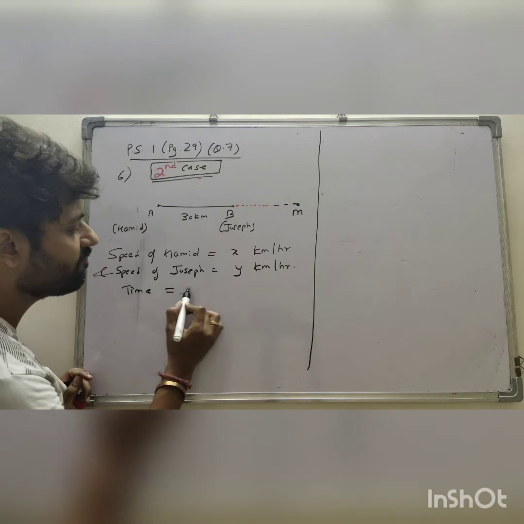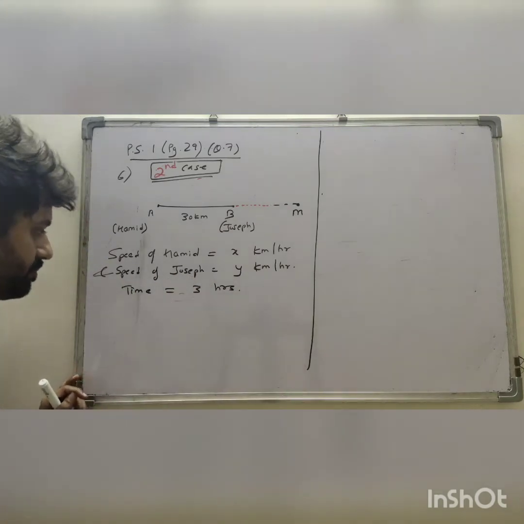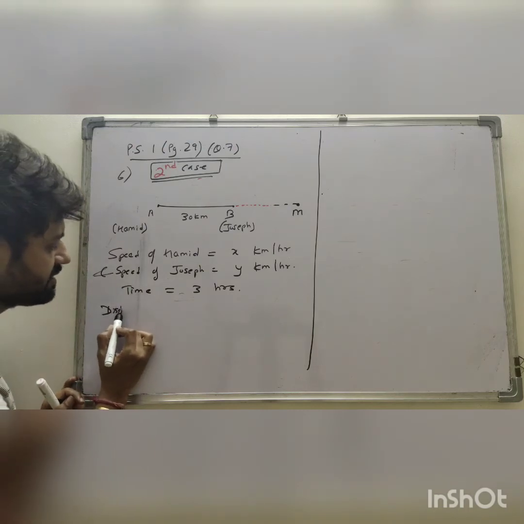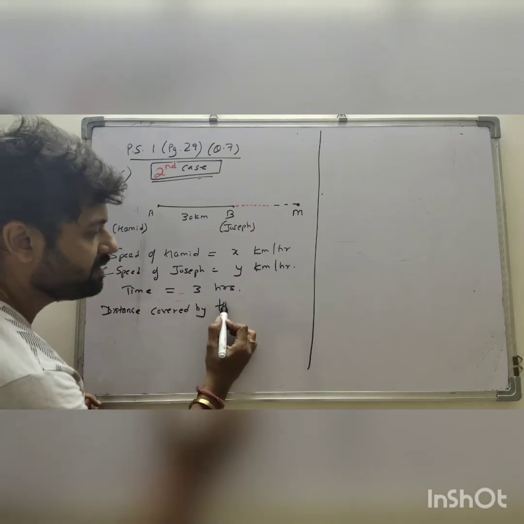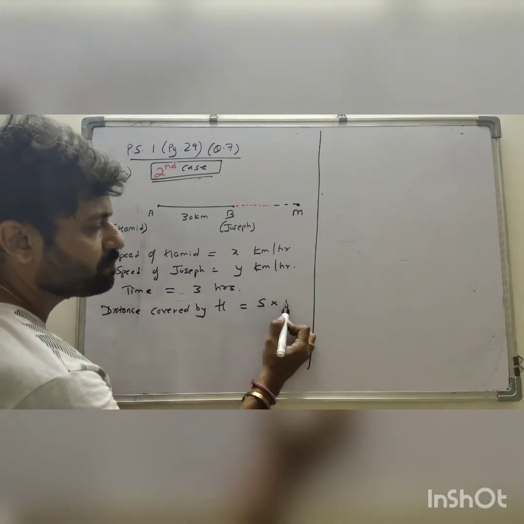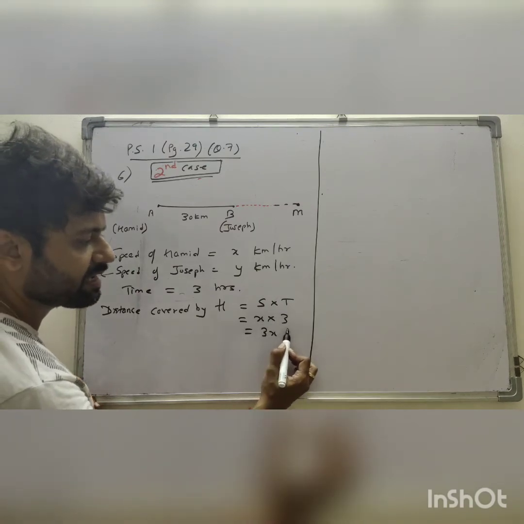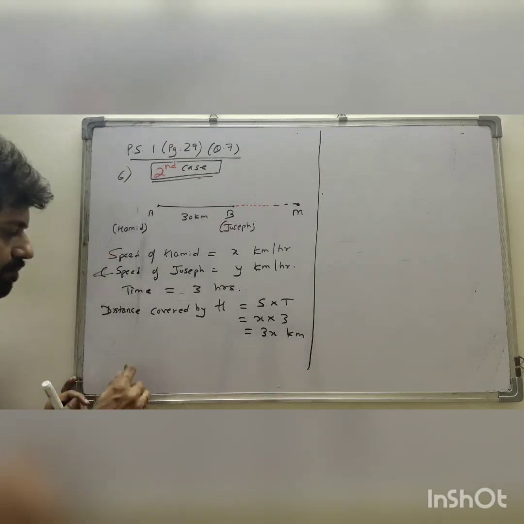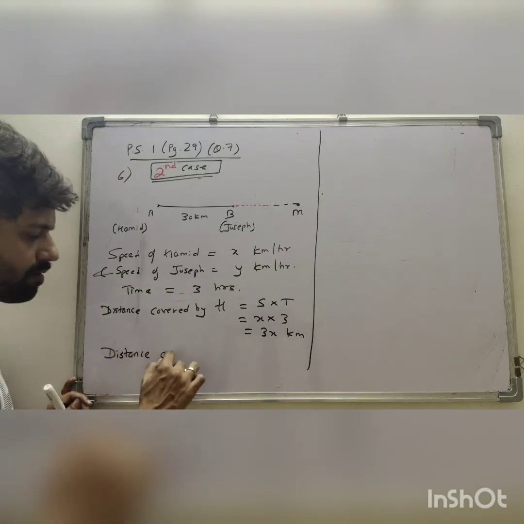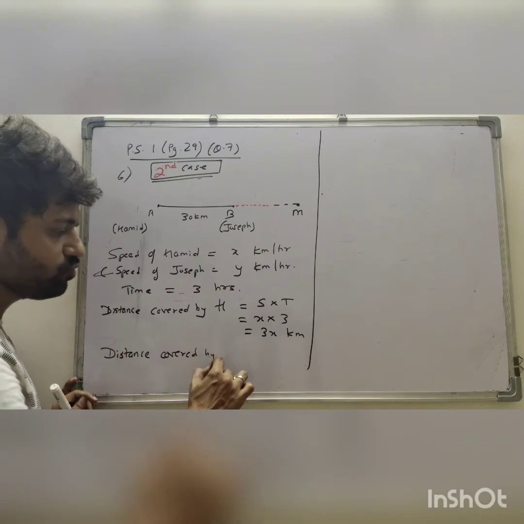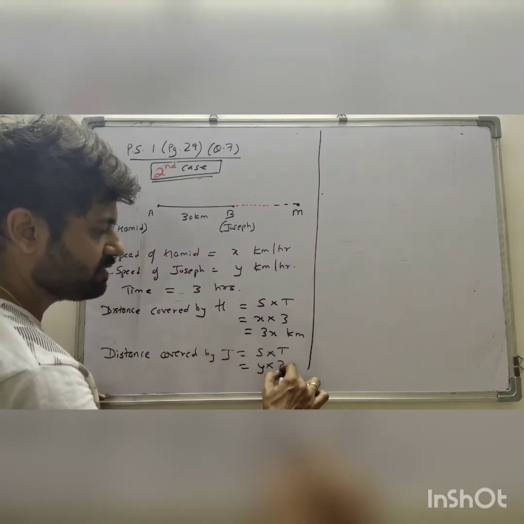Yes, students, after the time 3 hours, the story is 3 hours. The distance covered by Hamid will be equal to speed into time, that is speed x into 3, that is 3x kilometers. The distance covered by Joseph will be speed into time, y into 3, that is 3y.